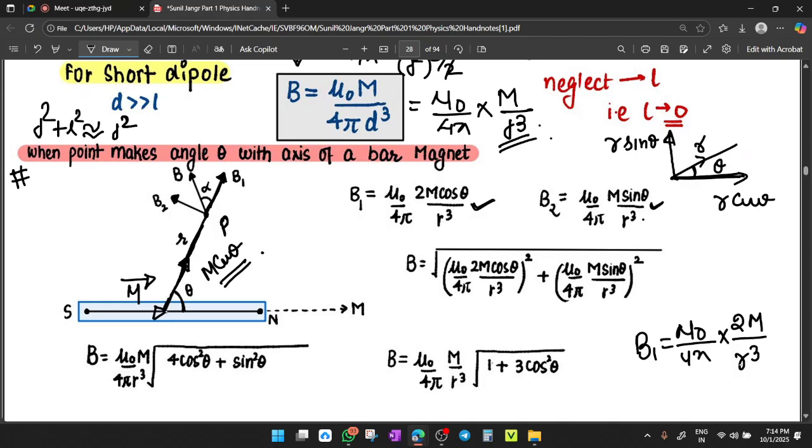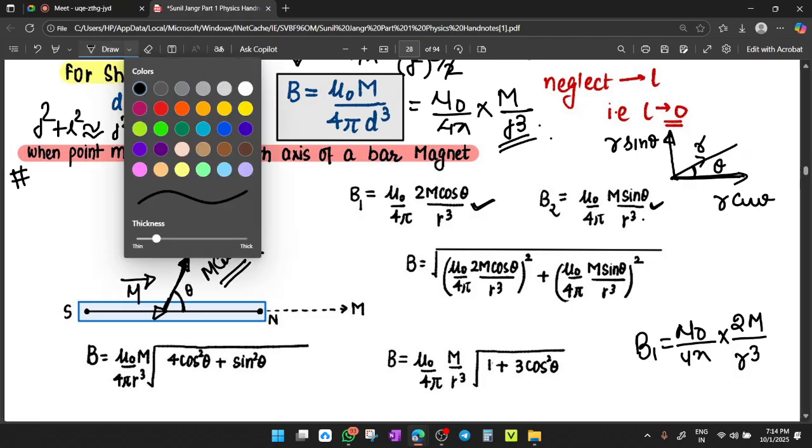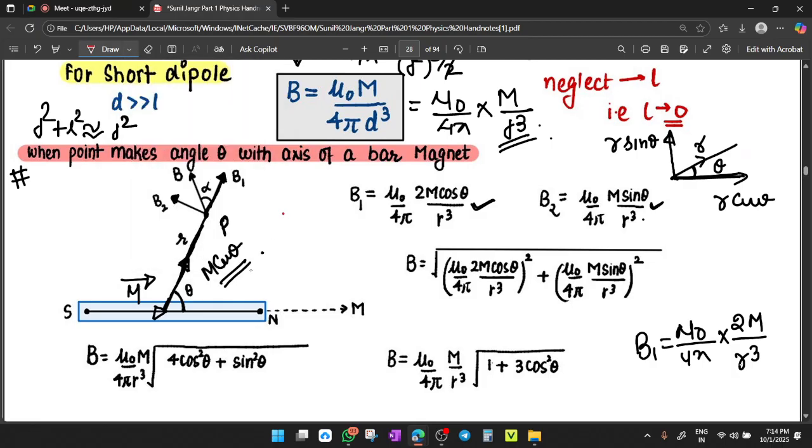Yes, look here. This is m sine theta. I'm drawing it with the red color. Is m sine theta visible to you? Yes.